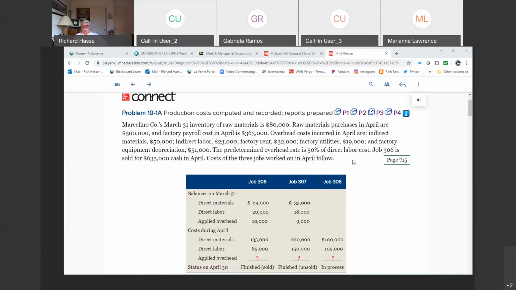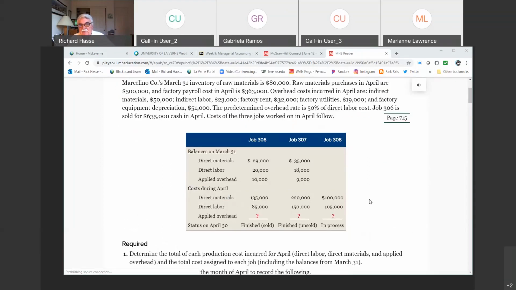In other words, what we spend on labor, 50% of that will be an additional overhead cost based on how we calculate our overhead. Many companies use overhead at a predetermined rate as a percent of labor cost. Many companies use square footage. University of La Verne happens to use square footage as an overhead applied amount.